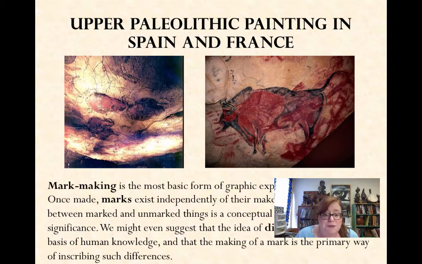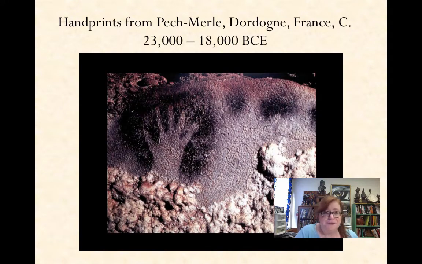And we say this because, again, this is how people began to differentiate belongings. So you might even suggest that the idea of difference forms the basis of human knowledge, and that mark making is the primary way of inscribing such differences. This is what starts to lead into people writing things. And there are our handprints from Pech Merle once again.